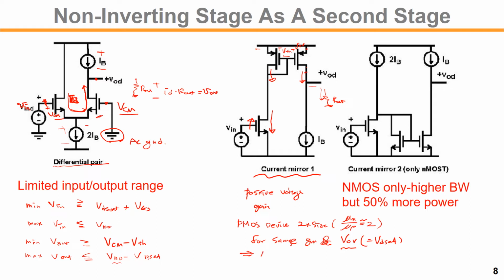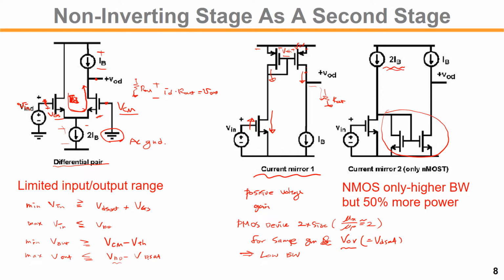Low bandwidth. You may use a different topology, like using an NMOS only structure. So by folding this current mirror using this NMOS style, you are adding more current, like 2x current here.